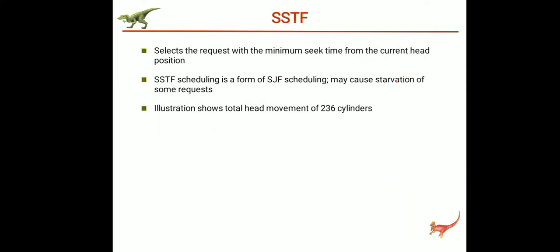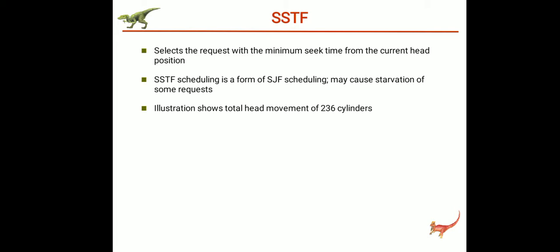The second scheduling algorithm is SSTF, that is shortest seek time first. It is a form of SJF scheduling, if you all remember it. In this algorithm, the operating system seeks the requests which are close to the current head position.